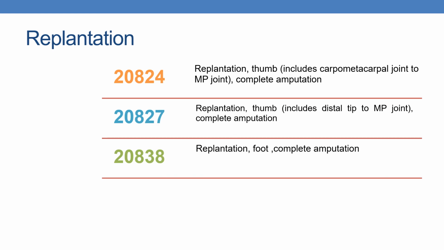The next is 20824, replantation thumb, complete amputation. The next is 20827, replantation thumb, includes distal tip to MP joint, complete amputation. The next is 20838, replantation foot, complete amputation.